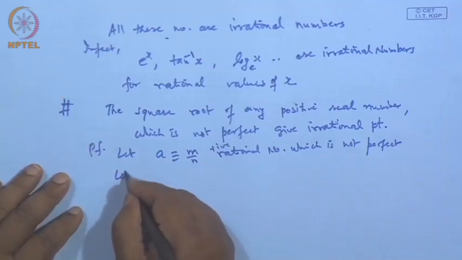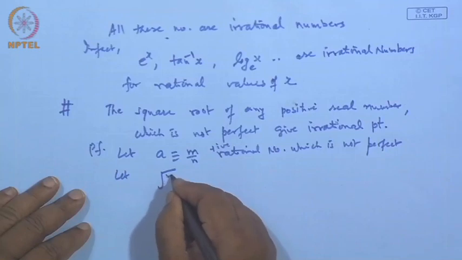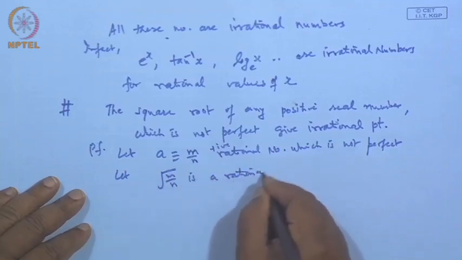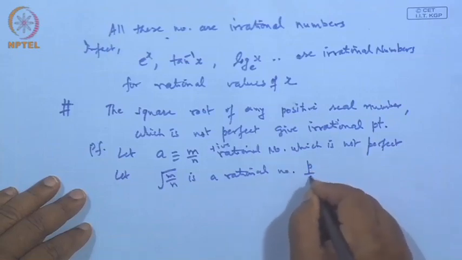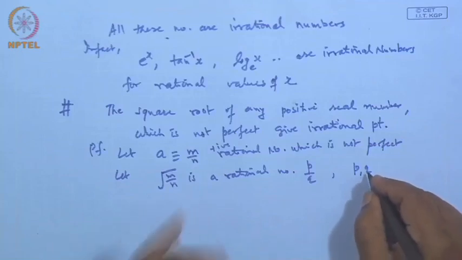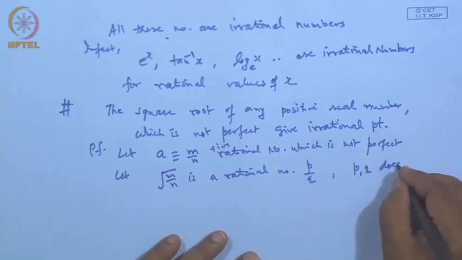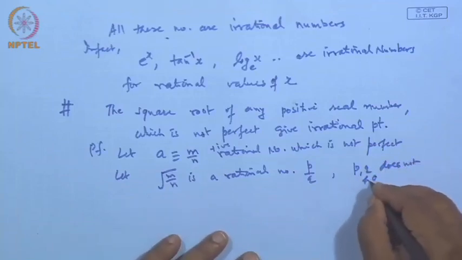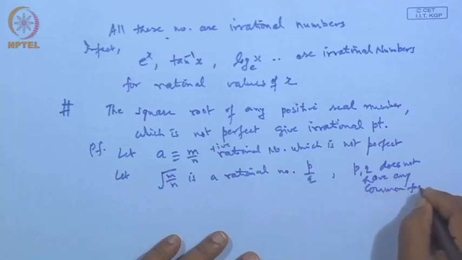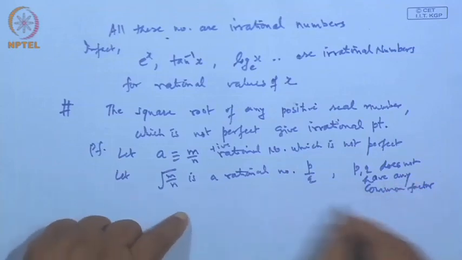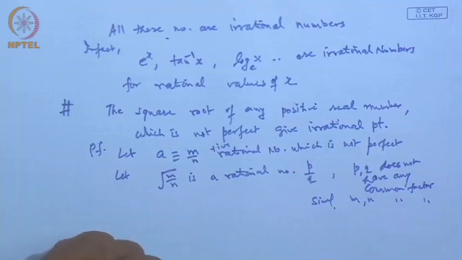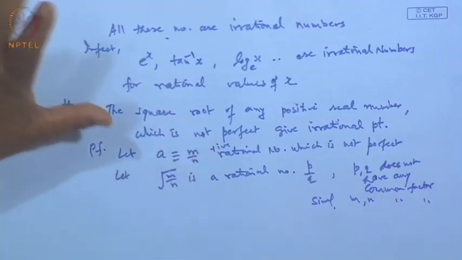So, let the square root of this be a rational number, suppose p by q, where p and q do not have any common factor. Similarly, we assume m and n do not have any common factor. So, both are in the least form.